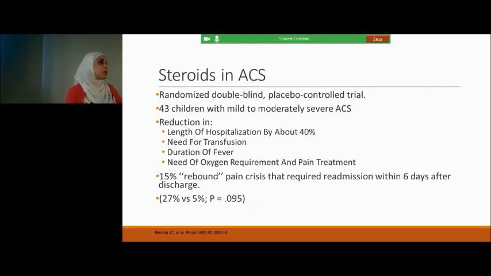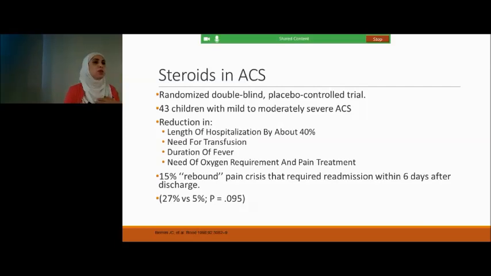However, 15% of those kids had what we call a rebound vaso-occlusive crisis within 6 days of discharge. And you can see the p-value is borderline, but it approaches significance, with 27% versus 5% developing it, 27% who used steroids and 5% who did not.